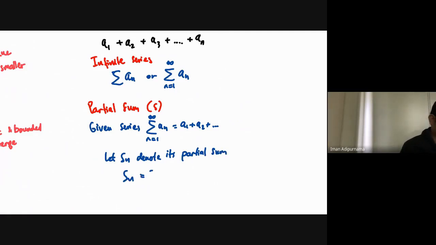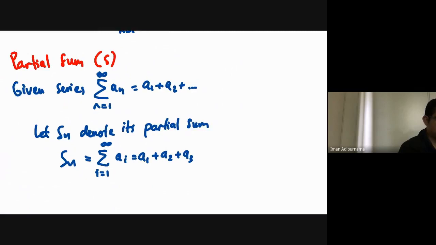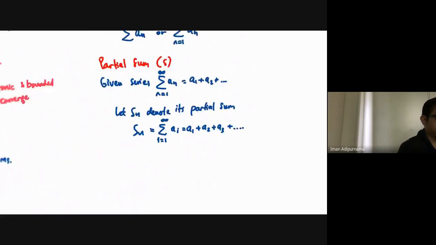So Sn is, let me start with a different n. Let's start with i. So Ai will be A1 plus A2 plus A3 plus, okay.